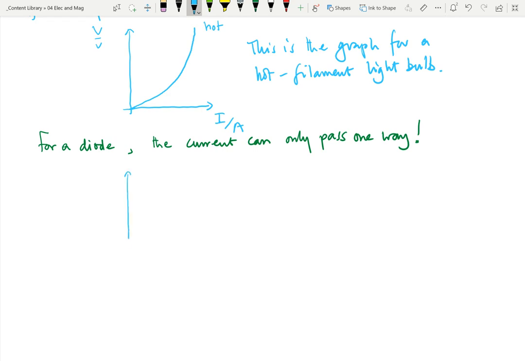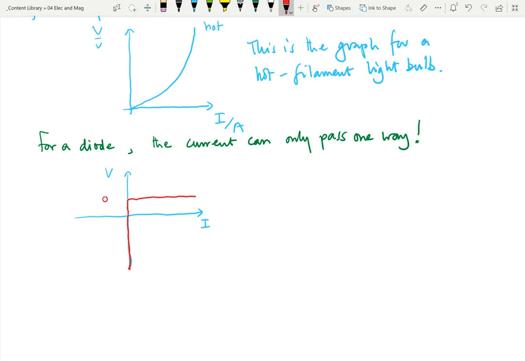Have voltage against current, but this time we need to show the reverse direction as well as the forwards direction. And to be able to see this graph, I need to have a different color. If the voltage is going backwards, then unfortunately the current stays zero all the time. So there it is. That's the current is zero. But when the voltage goes forwards, it gets to about 0.7 volts, and then suddenly, whoa, it goes like that.